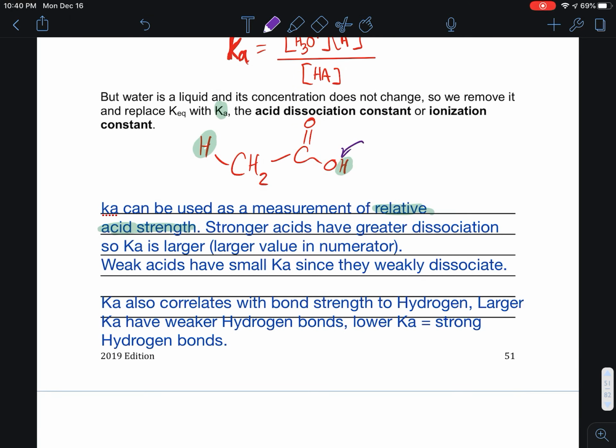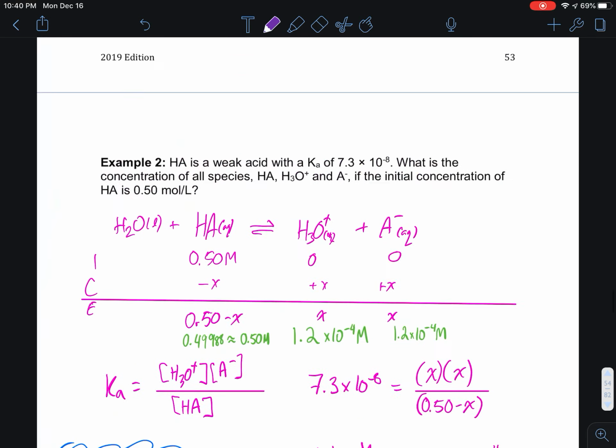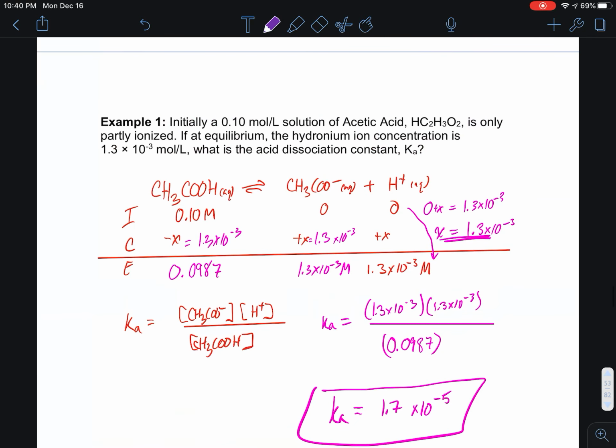This Ka is really large, or relatively large. It's acetic acid, so I can't even guess, but we could probably look it up if we had to. It's probably on a table, or we have acetic acid in this question.